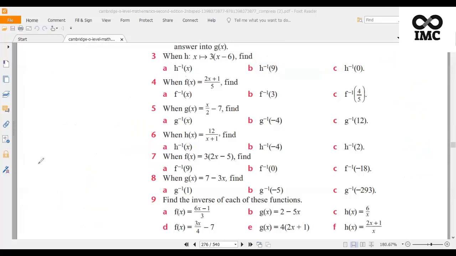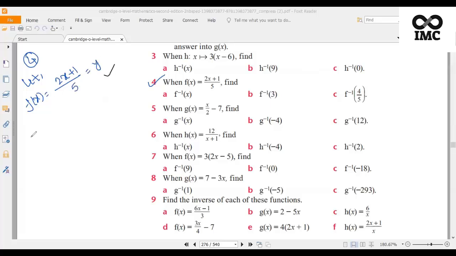Now, next question. Question number 4 says, when f of x equal to (2x plus 1) by 5, find f inverse x, f inverse 3, f inverse 4 by 5. So here we can say let f of x equal to (2x plus 1) by 5 equal to y.